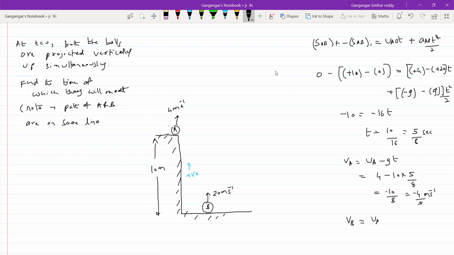What actually is it? u_B minus gt. u_B is 20 minus 10 times 5 by 8, 160 minus 50 will be 110, 110 by 8. It will be positive, definitely positive.